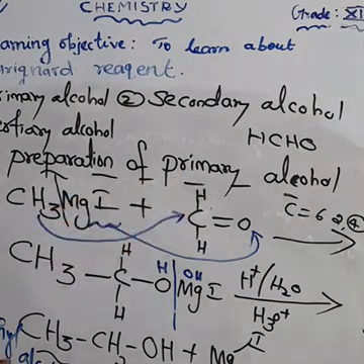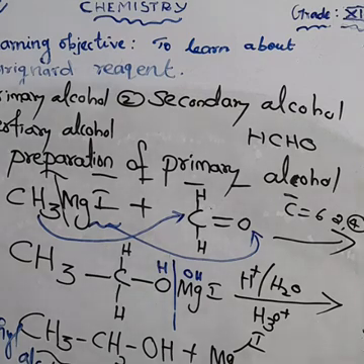The primary alcohol, that is just ethyl alcohol, the compound having one methyl group. So by means of the Grignard reagent, we can prepare primary alcohol. So what's the first use? First synthetic use is preparation of primary alcohol.